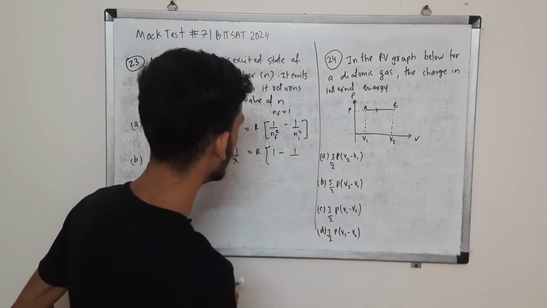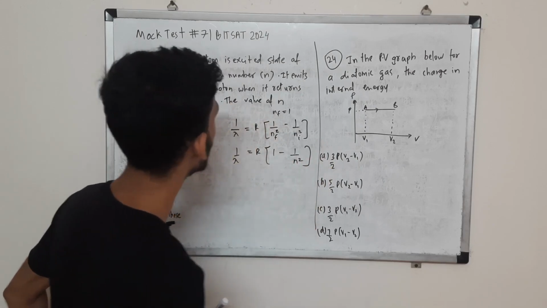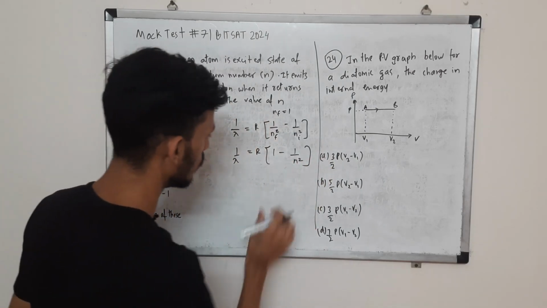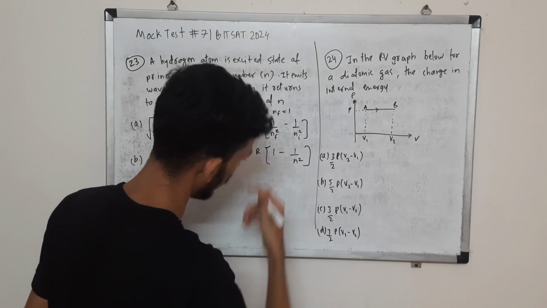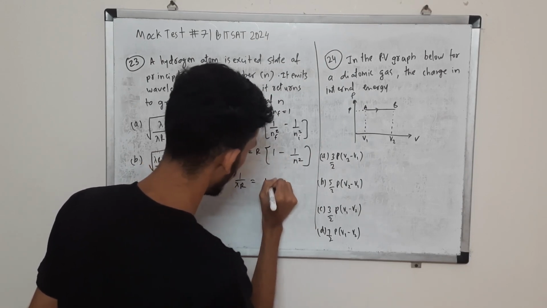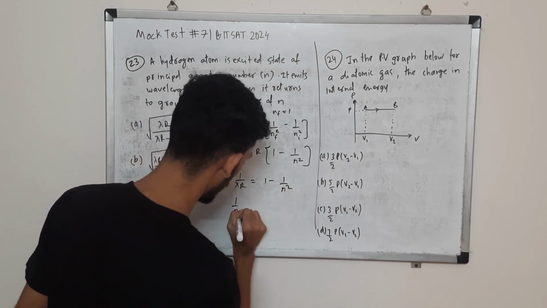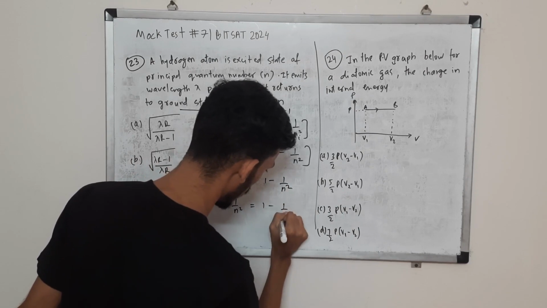Then we have n initial is some n quantum state, excited state. So we are supposed to find this n. Let us try and find it out. So lambda is 1, this 1 by n square. You can take this to the other side. 1 by n square is 1 minus 1 by lambda r.